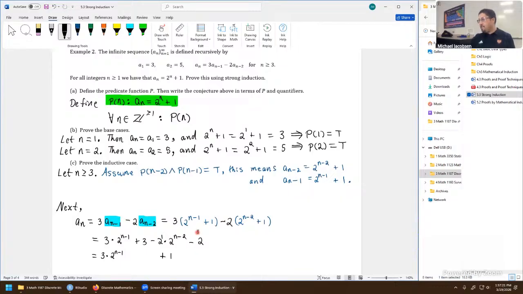Then minus, combine these together, add the exponents, and we get 2 to the power n minus 1. So not a whole lot of steps. We've combined bases. I added the 2 like terms here to a plus 1. And now this is the next thing we get.